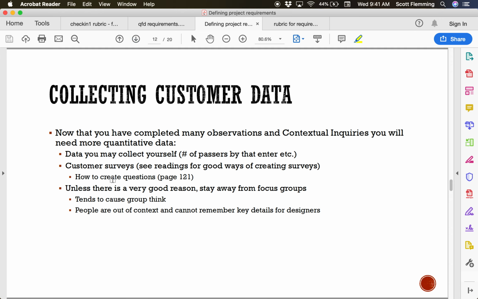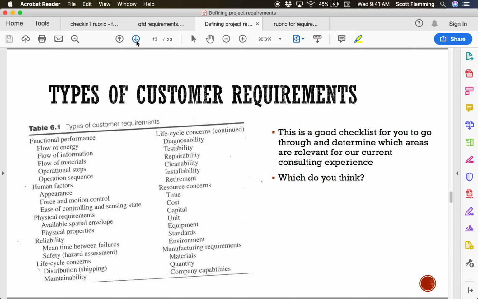There's some stuff about surveys, which might be more relevant if you're going the marketing route, drumming up more business. But definitely lean on typical IE measurement tools from the Processes and Systems course. That's important. This is a good overview of the types of customer requirements.